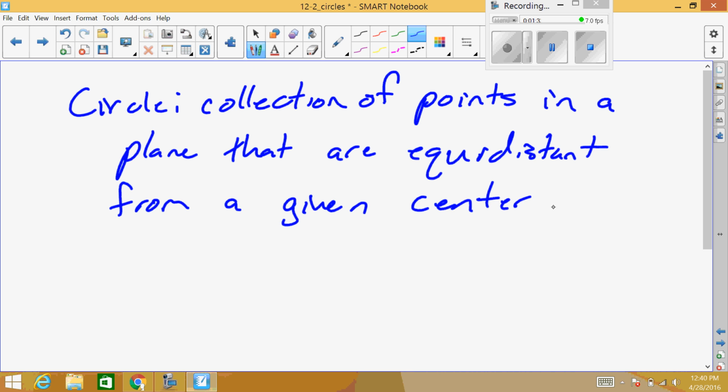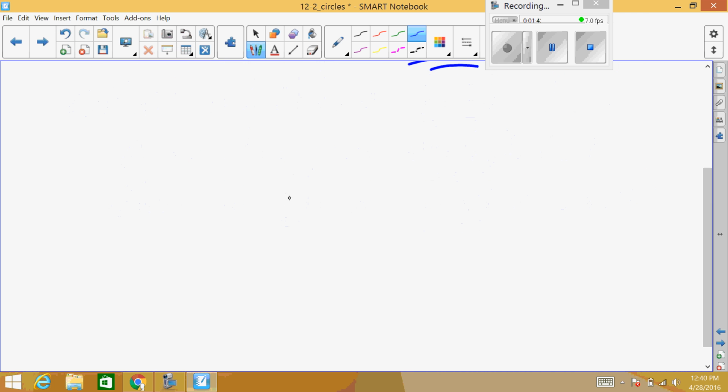That word center is really optional, but I like to leave it in there because it implies what that point is. What that breaks down to is somebody gives us a point and a distance away from that point, and if I rotate that distance all the way around, I end up with the collection of points that are all the same distance from my center point, which means I have a circle. So that is the definition of a circle.